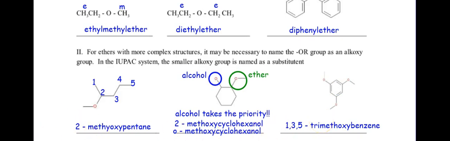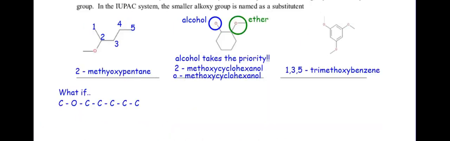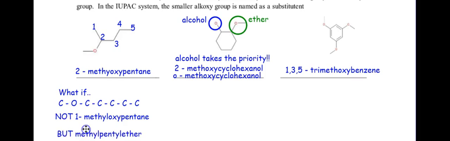But I want to show you something real quick, okay? Let's go back and look at this first one again. What if the OC group is hanging off the first carbon? Is this going to be 1-methoxypentane? No, it's not. This is just like what we did before. Because the oxygen is on the first carbon of each, it's just methyl pentyl ether.